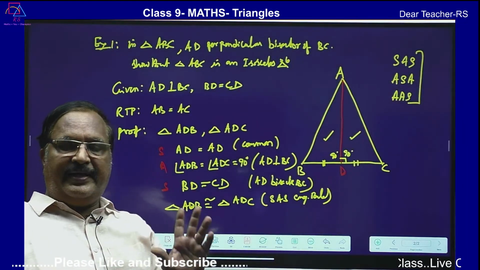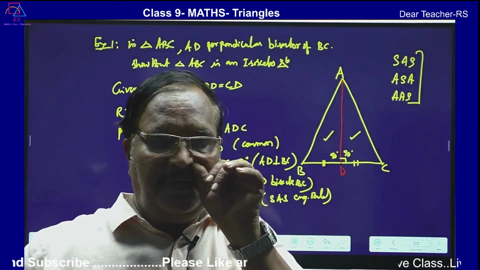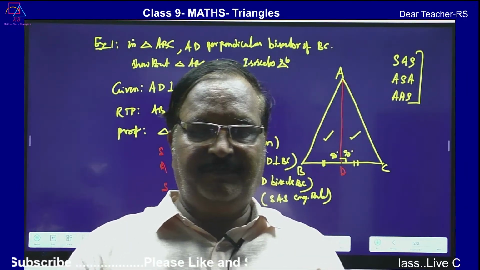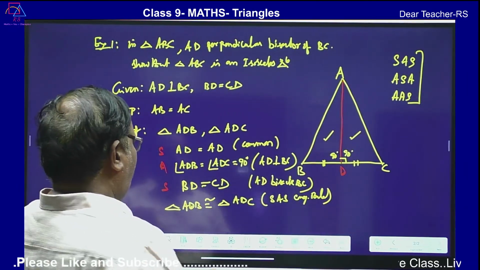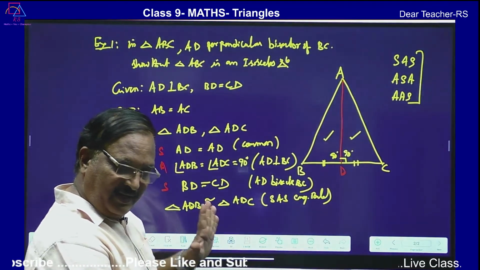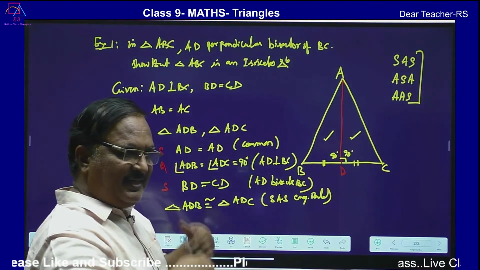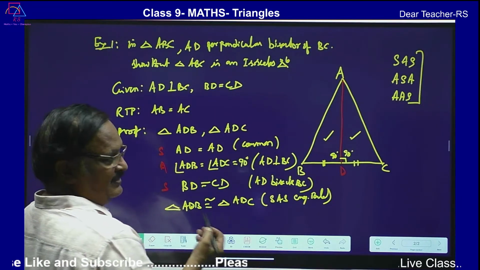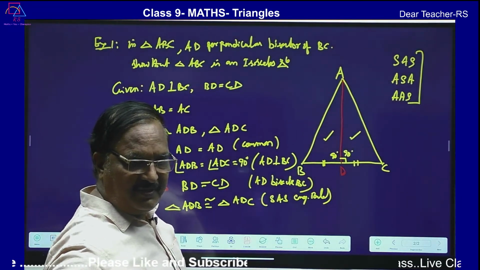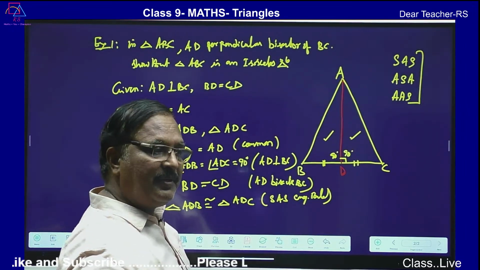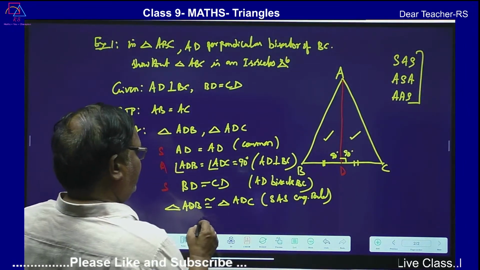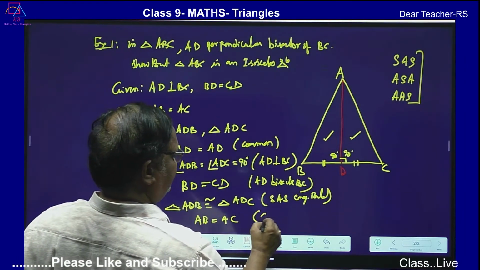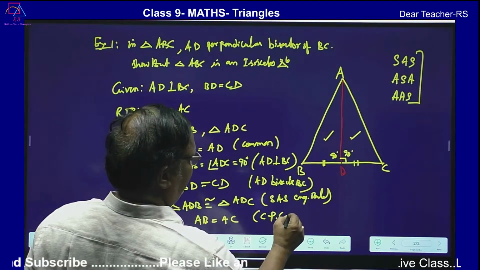When two triangles are congruent, the remaining three parts are equal by CPCT.